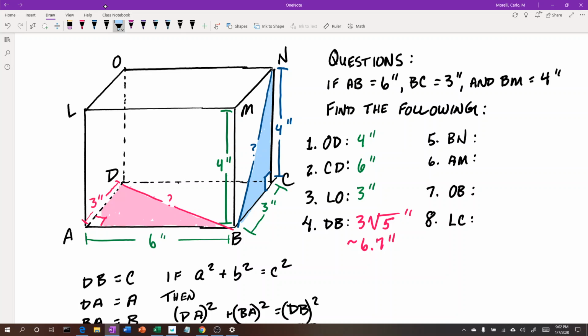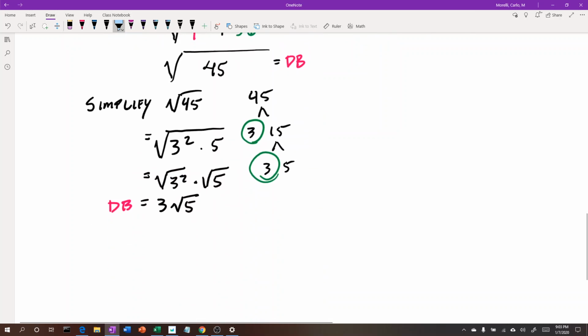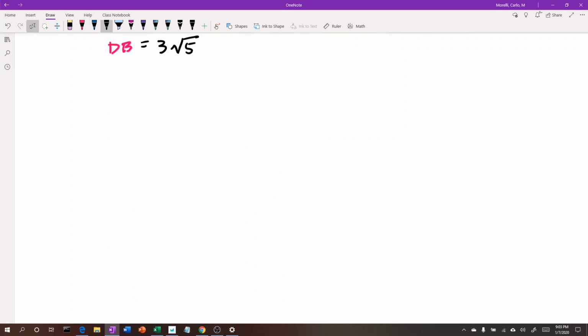Well, it's fairly simple. All right. So now we have to compute BN. Let's do this down here. Okay, this is our work for BN.